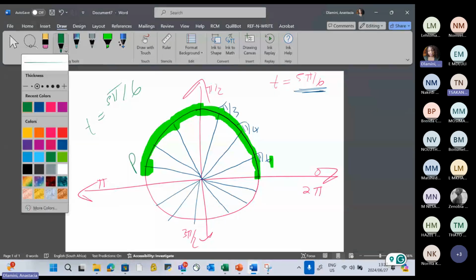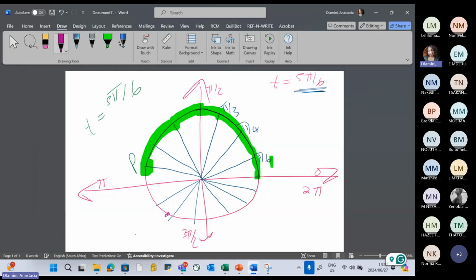Now they're saying that the reference number is the distance from the terminal point to the x-axis. Remember that if you are in this quadrant, you will approach the negative x-axis. So we want the distance from this point to hit this x-axis. How do we measure the distance?